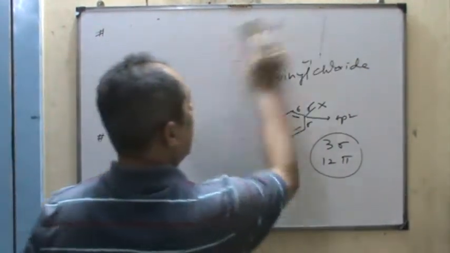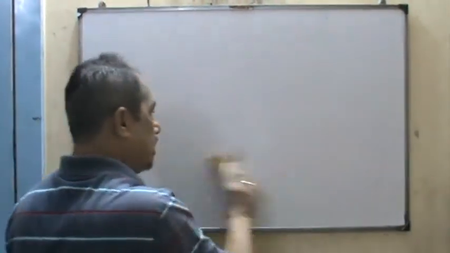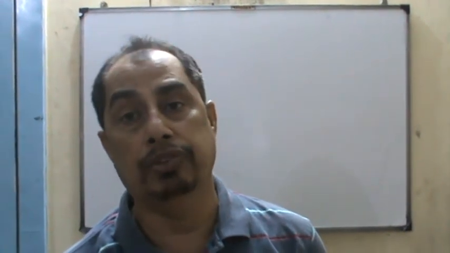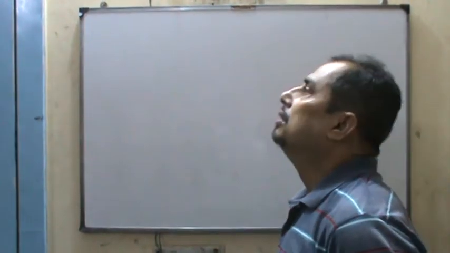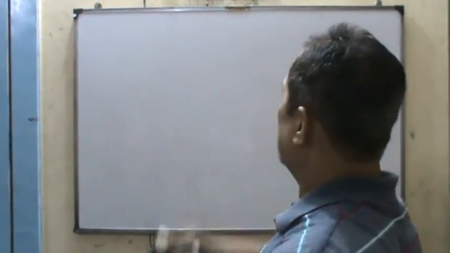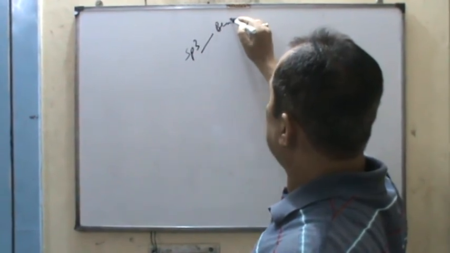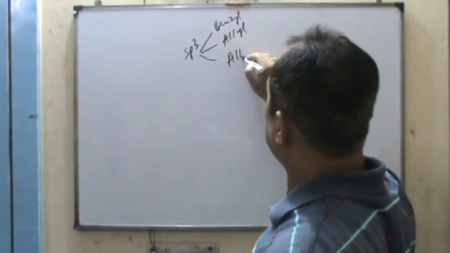So these are the different classifications of haloalkanes: 1 degree, 2 degree, 3 degree, dihalogen, geminal and vicinal. Trihalogen means haloform: chloroform, bromoform, iodoform. And as far as radicals are concerned, sp3 hybridized carbons are benzyl radical, remember it, allyl radical and alkyl radical.